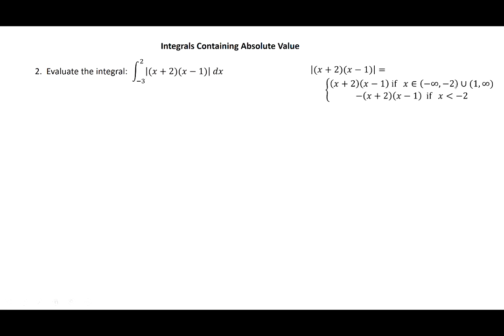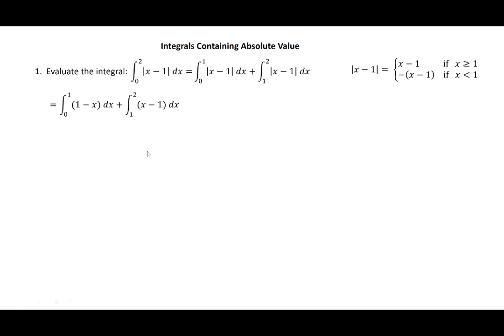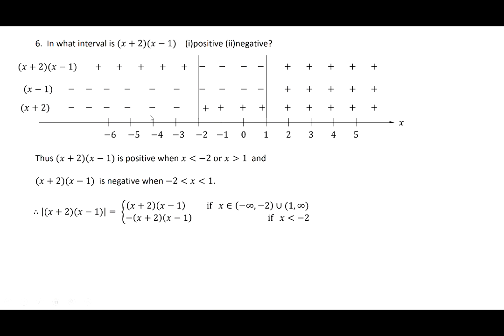Negative 3 to negative 2, we should have one interval. Should I go back to that slide? Please bear with me. Just remember that we are going to integrate from negative 3 to 2. Okay, let me go back to that. Yeah. So here, negative 3 to positive 2, that's where we are integrating.